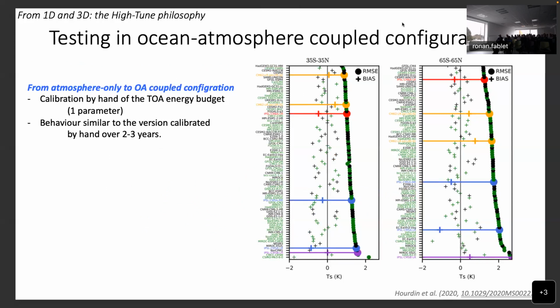And to go until the end, it was tested in the ocean atmosphere coupled configuration. So this is for 2 configurations. This is the orange line. The default is the red line. So we see that it's improved over the tropics. This is a bias for the surface temperature.